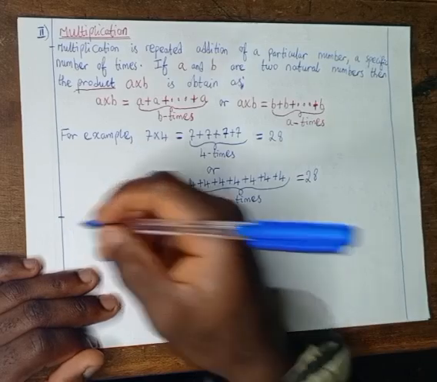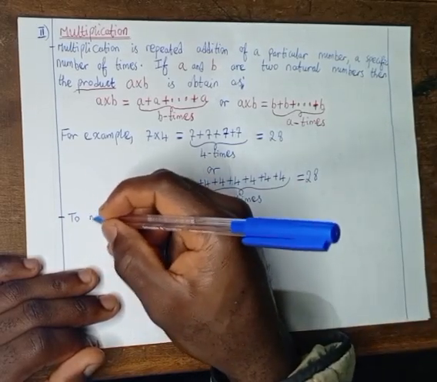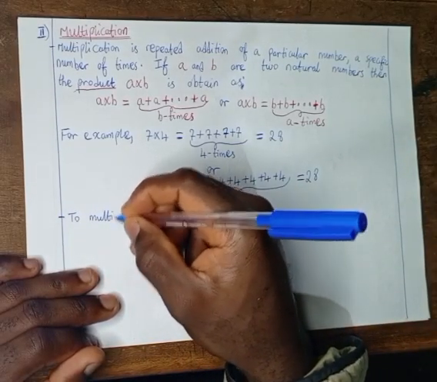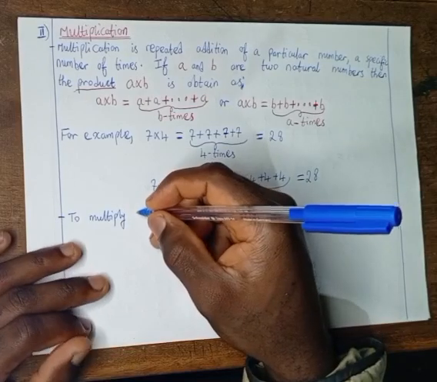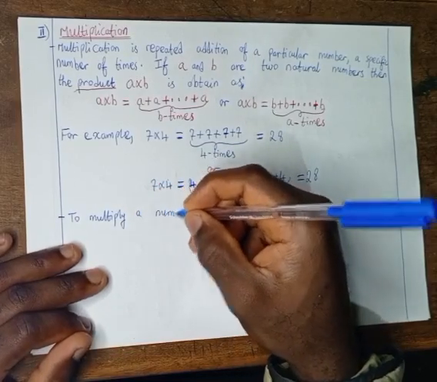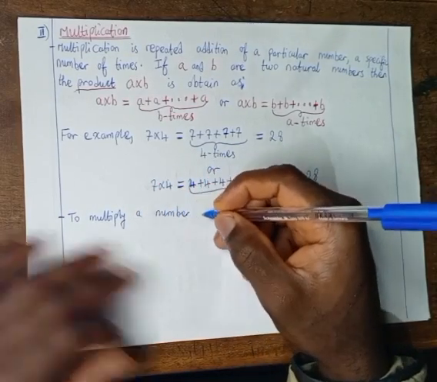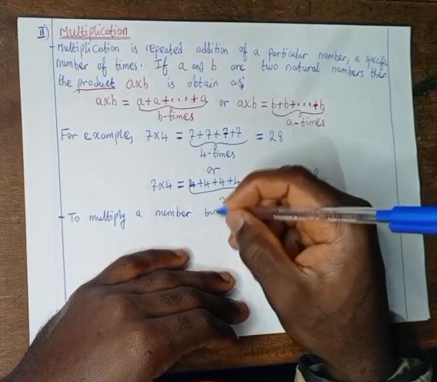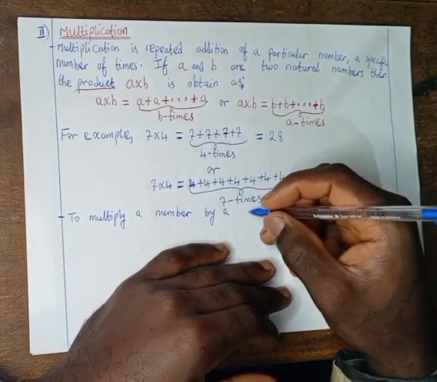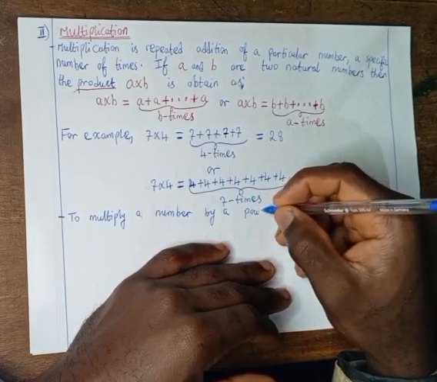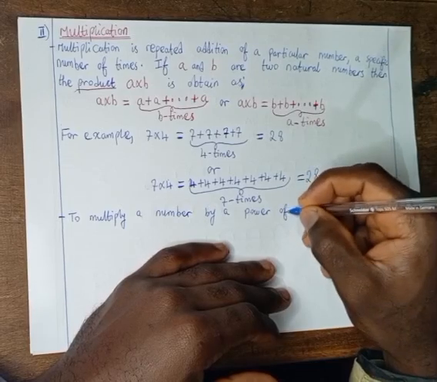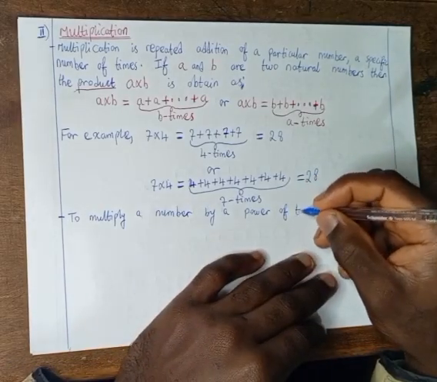We take now the next hyphen: to multiply a number by a power of 10.